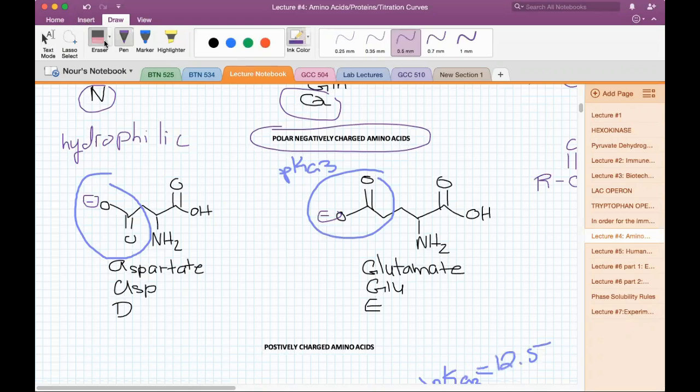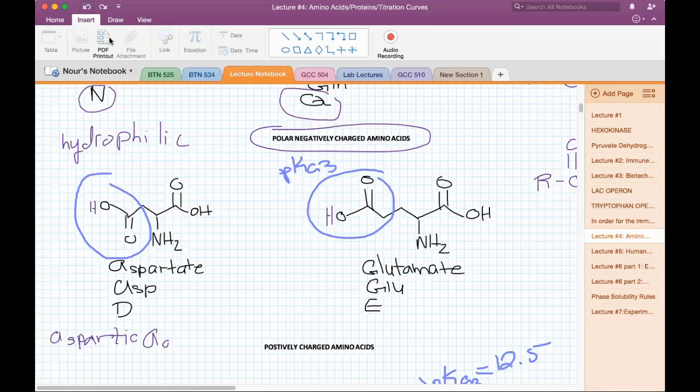Another name you could give these two is aspartic acid and glutamic acid.